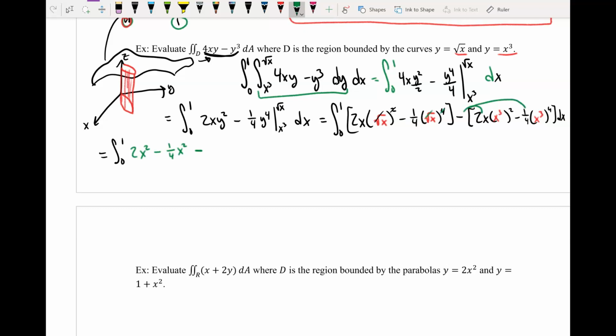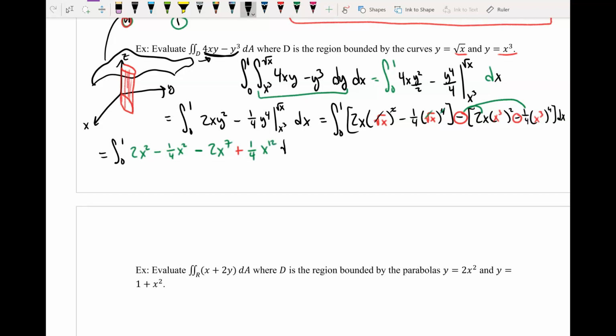This is x to the 6th, so x to the 7th, 2x to the 7th. Then here you can see that we got a negative and another negative. That's going to give me a positive. So then you're going to get a 1/4 x to the 12th dx.